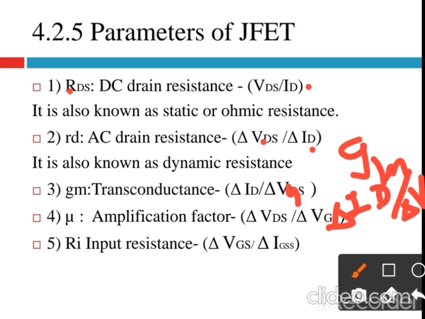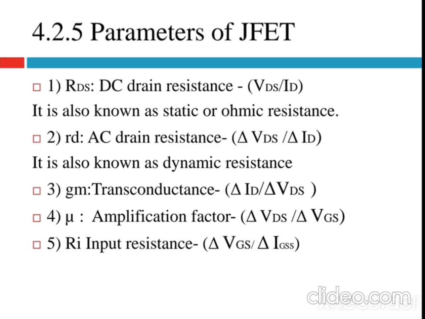The next important parameter is amplification factor. It is given by the ratio of small change in drain to source voltage delta VDS to the change in gate to source voltage delta VGS for a constant drain current ID. So it can be expressed by the equation delta VDS upon delta VGS, and it is represented by mu.